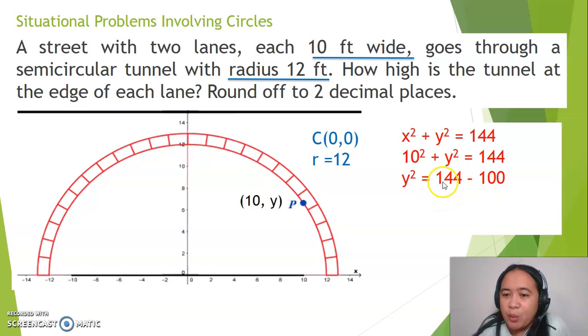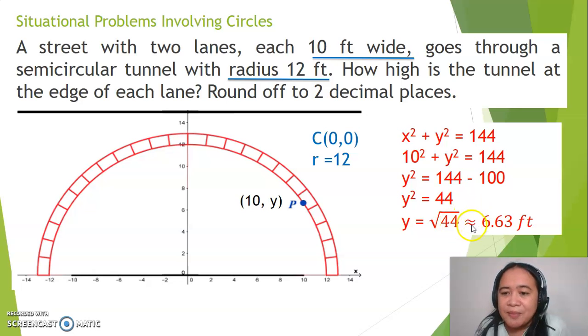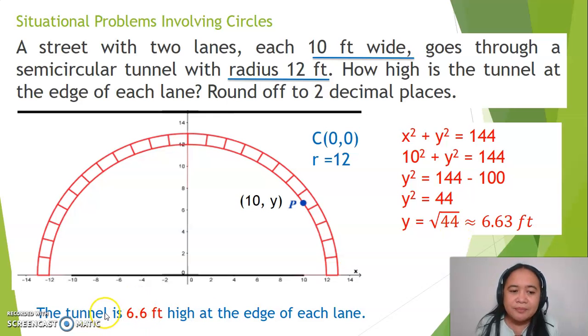With this, 144 minus 100 will end up with 44. Get the square root of both sides, so we'll end up with the square root of 44, which is approximately 6.63 feet. Therefore, the tunnel is around 6.6 feet high at the edge of each lane.